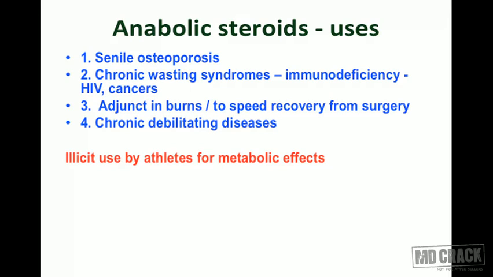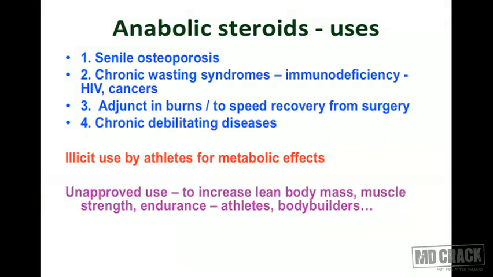Some other uses I'm mentioning now are not the approved uses. Number one is illicit use by the athletes to get the metabolic effects. We call it illicit use. And there are some other people who have the obsession, who want to increase their lean body mass, so they use it. I'm not saying it's illicit use, but I'm saying unapproved use, for a short period of time.